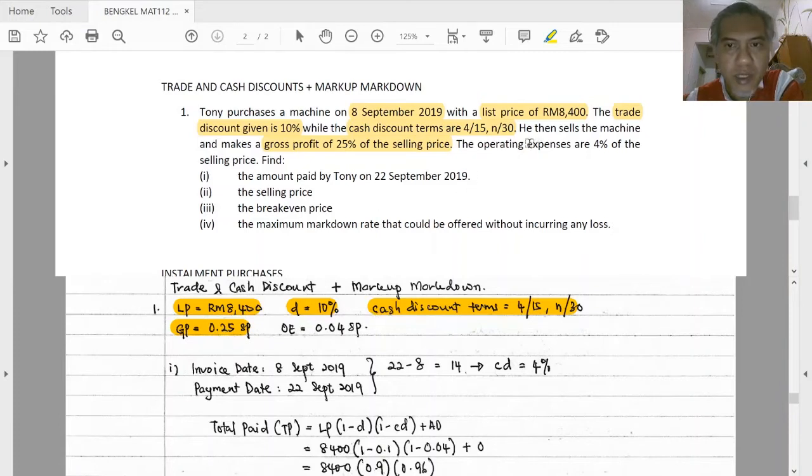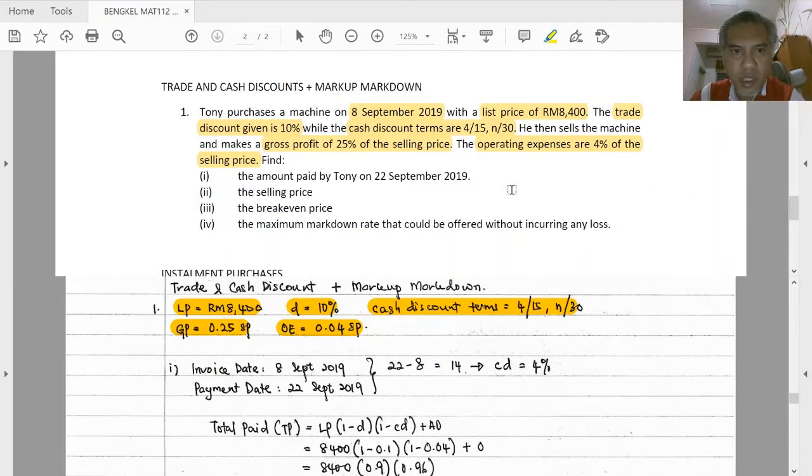On top of that, you have the operating expenses to be 4% of the selling price. So that means in this case you have the operating expenses equal to 0.04 SP. So that is the information given.